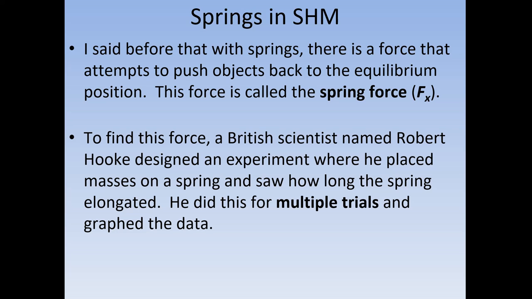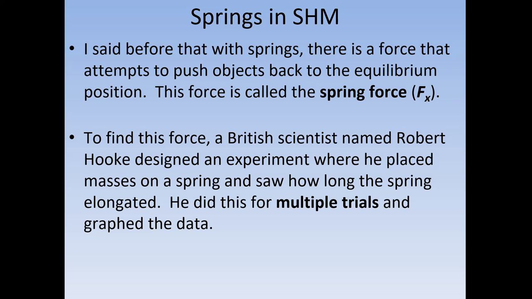Now, this force was, I don't want to say discovered, but developed, and gone into in more detail by the scientist Robert Hooke. He designed an experiment where he placed masses onto different springs and measured how long they were. He did multiple trials and graphed his data because he was a good scientist.